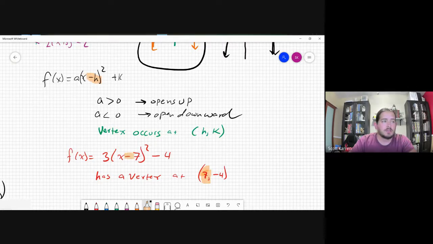So minus, well, that makes h 7. But the k is a plus out here, so if it's negative, then that makes your k value negative, right? So watch your signs there, and follow the minus and the plus here.